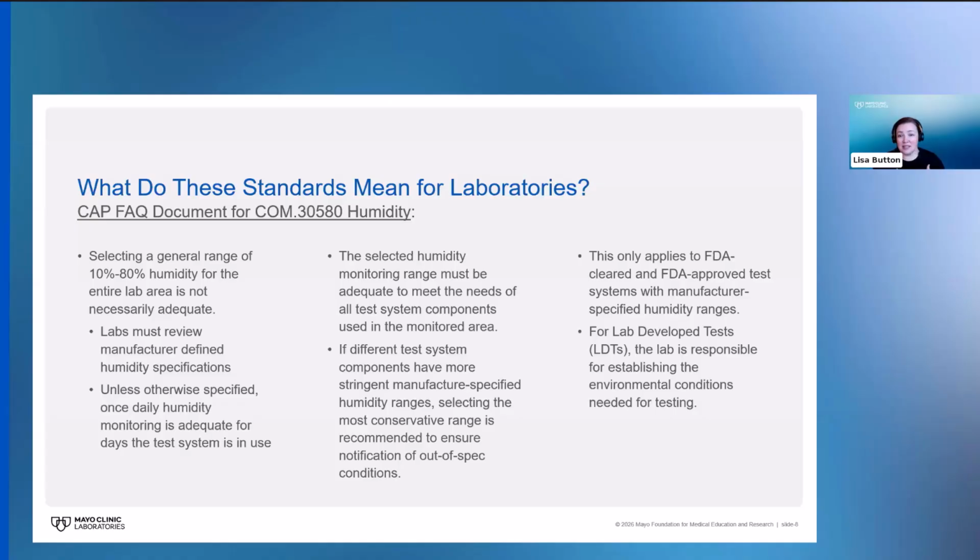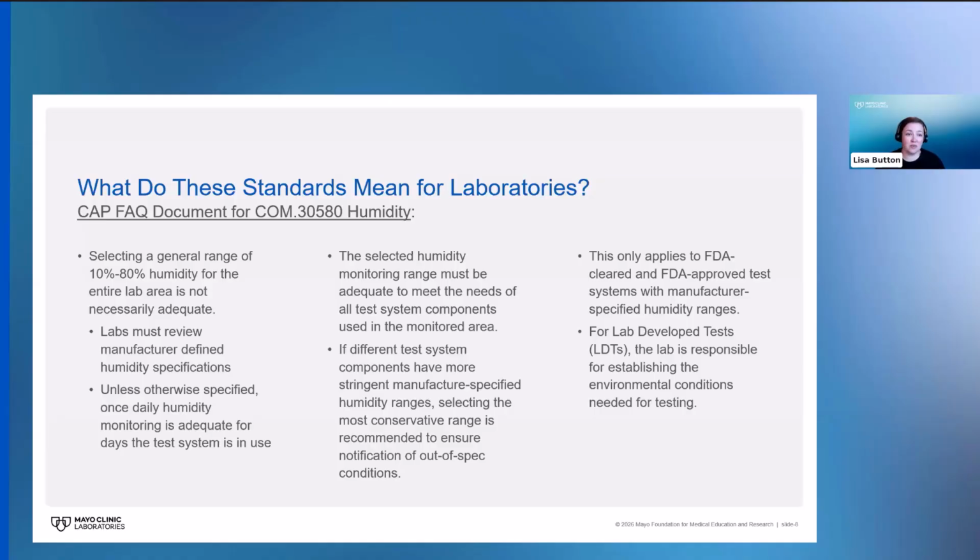So CAP is saying that selecting a general range of just 10 to 80% humidity for the entire lab area is not necessarily adequate. You need to go through your manufacturer defined humidity specifications. And unless otherwise specified, once daily humidity monitoring is adequate for days that the test system is in use. The selected humidity monitoring range needs to be adequate to meet the needs of all test system components used in the monitored area.